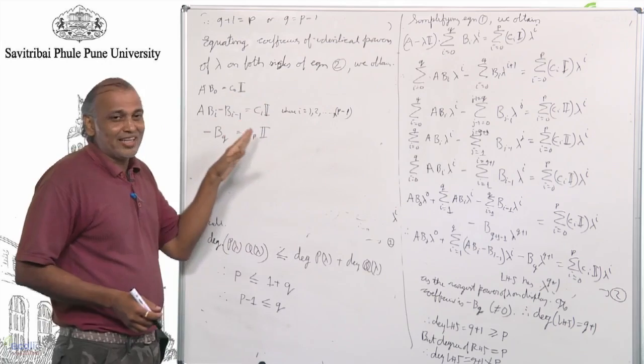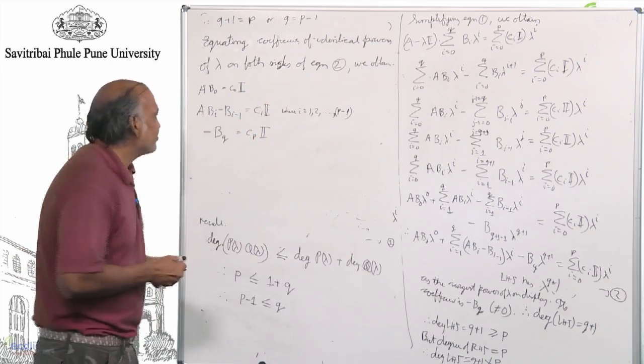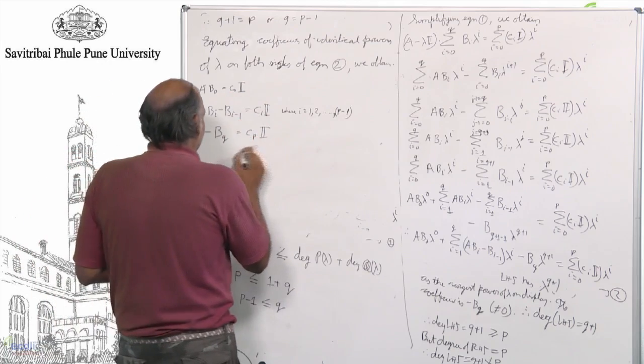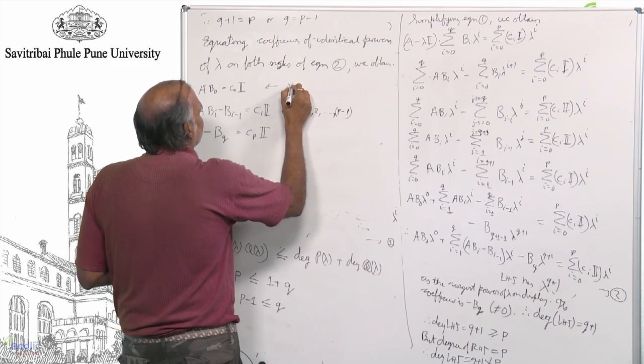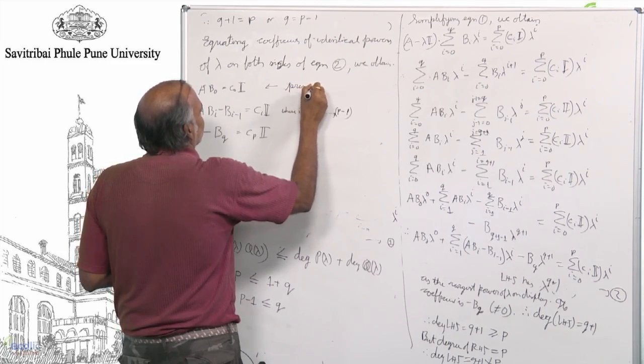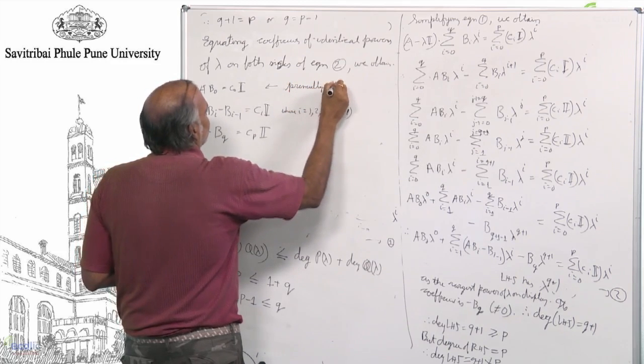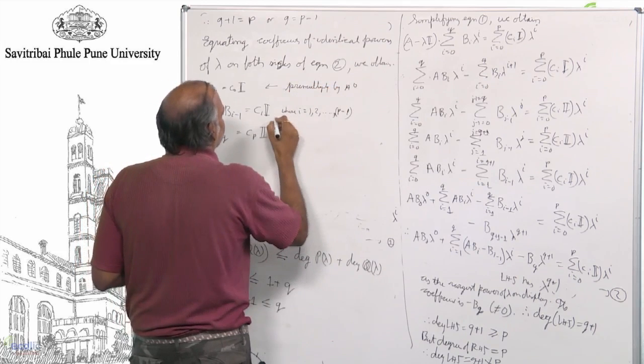So pre-multiplying, let me do that. Here I pre-multiply by A to the power 0.